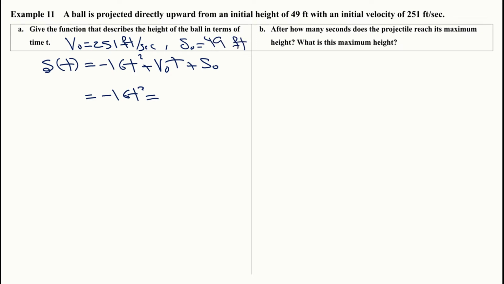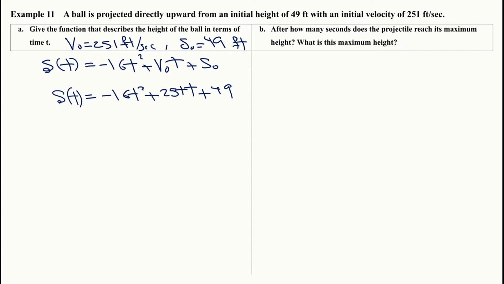So notice that we get negative 16t squared plus 251t plus S0, which is 49. So there is our displacement formula, or the formula that will give us the height at any time t.